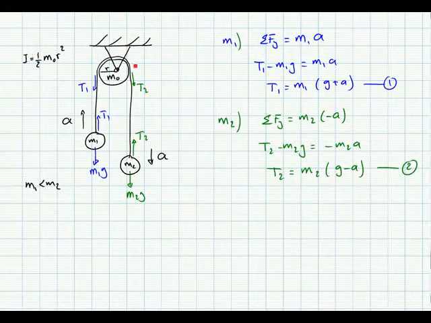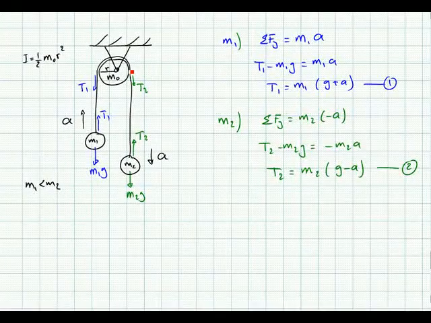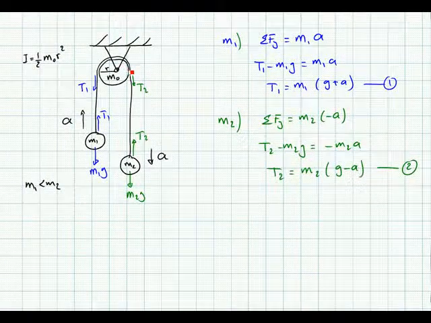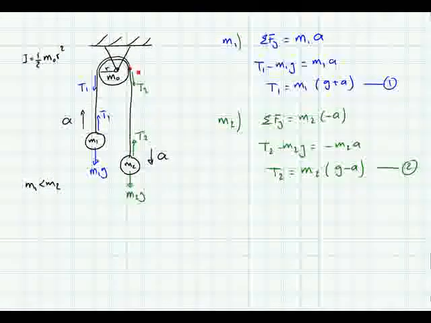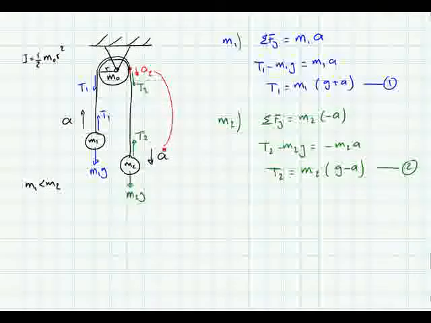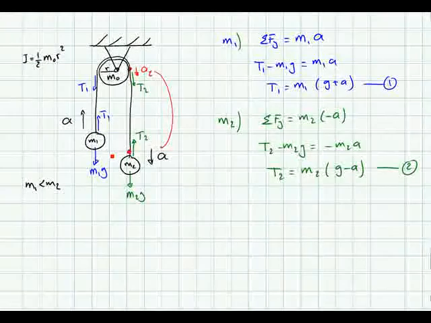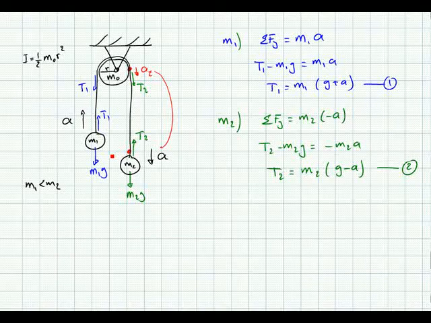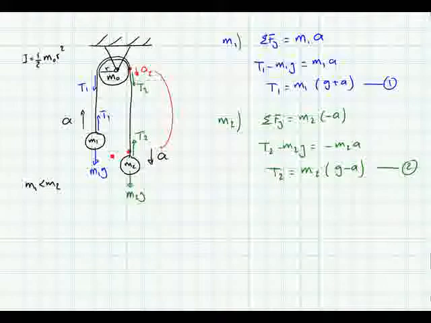We use the red pen now. If we consider a point on the string, this red point there, the acceleration that that point has, downwards, is actually equal to the acceleration of this point on the string, which is a, as we show in the drawing.